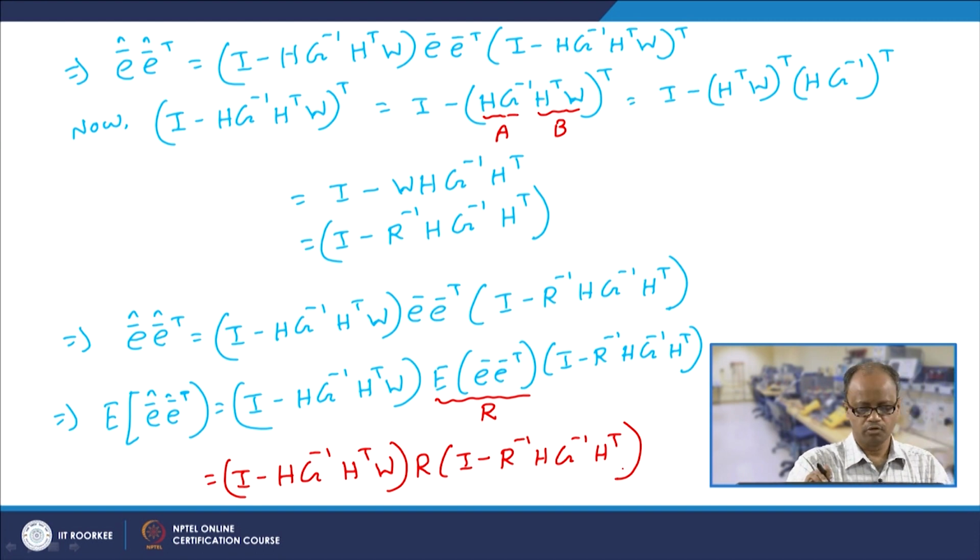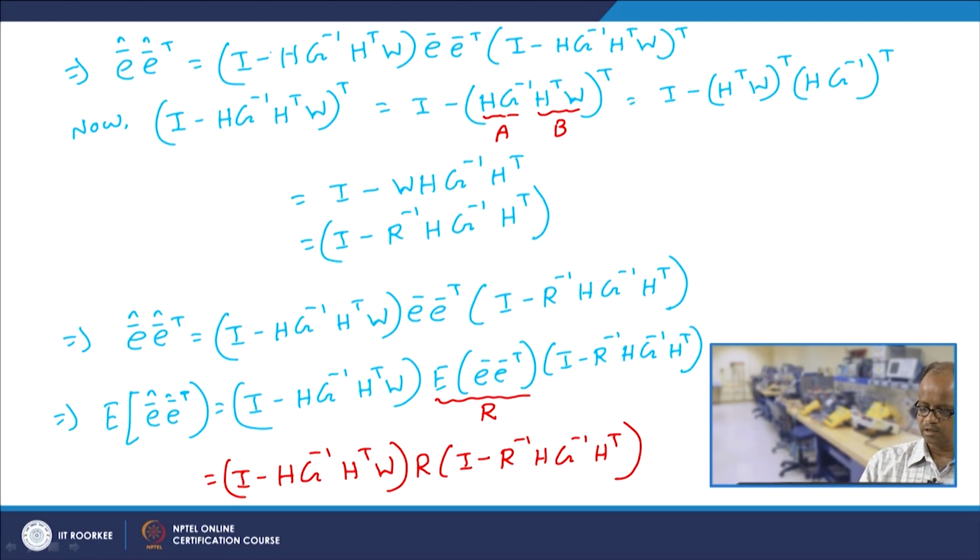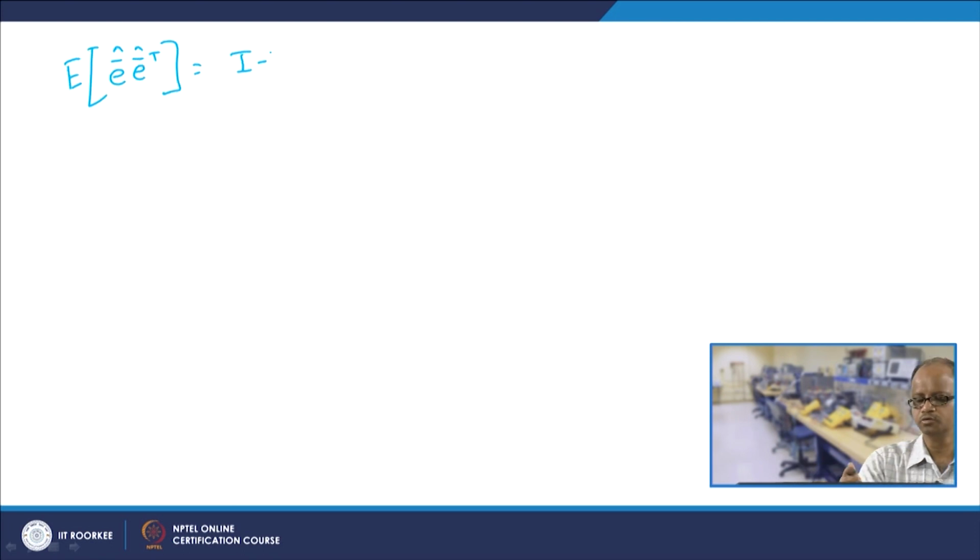So, what have I got? We have got the expected value of E hat and E hat transpose is equal to I minus H G inverse H transpose W into R into I minus R inverse H G inverse H transpose.